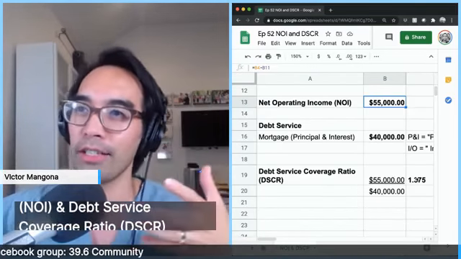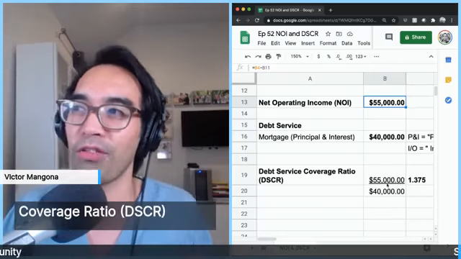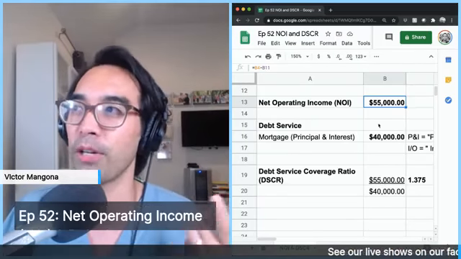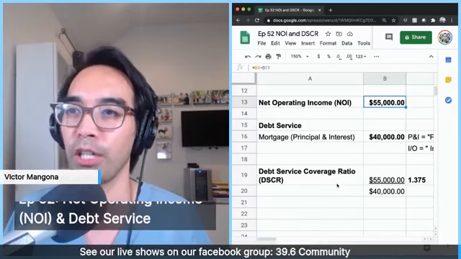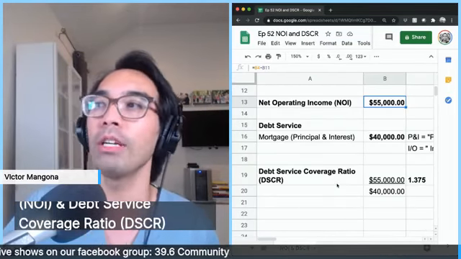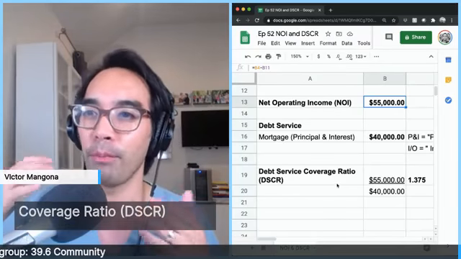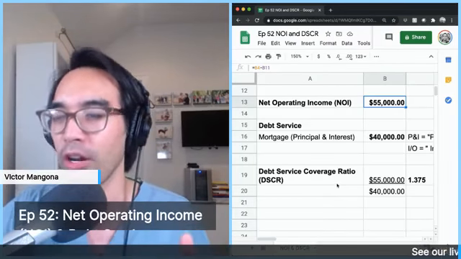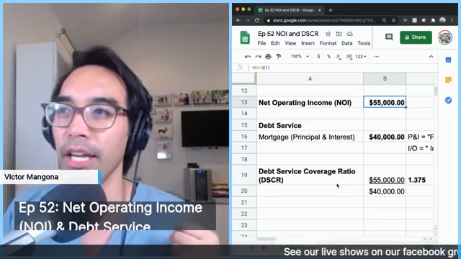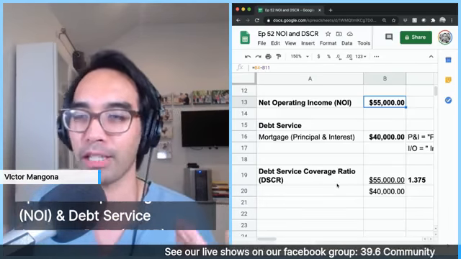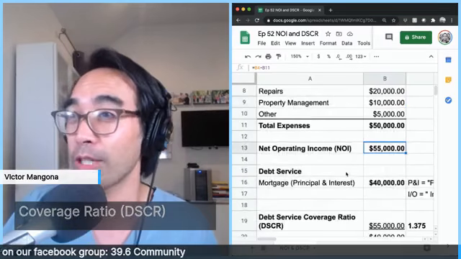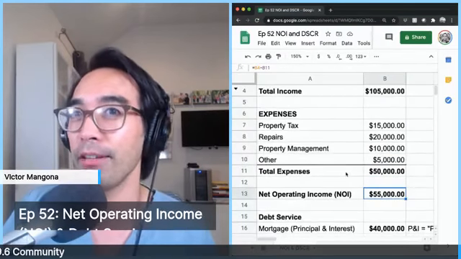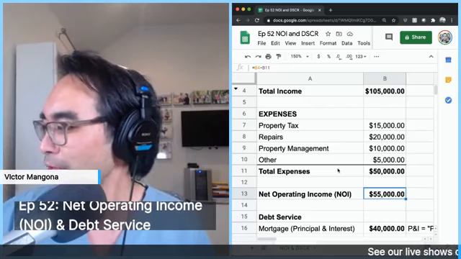So that is your cash flow. You'll have a cash flow of $15,000 if you subtract 55,000 minus 40,000, but here we're doing it in a ratio, in a proportion. So you definitely need to have the mortgage be only a percentage of your total net operating income to be comfortably cash flow positive. Okay, that is it for today for net operating income and debt service coverage ratio.